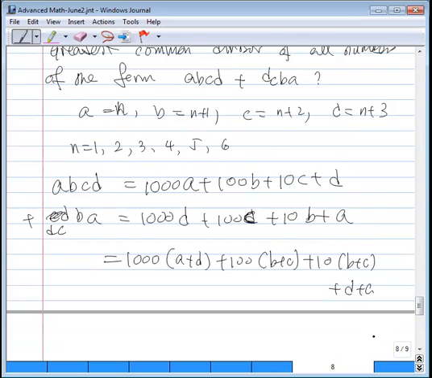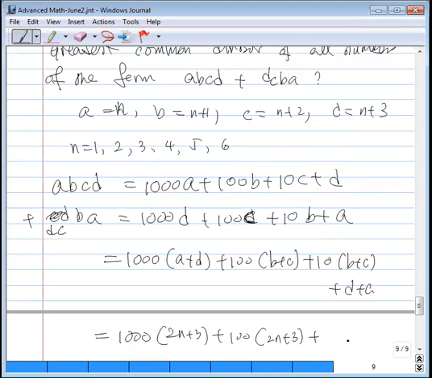A plus D is 2n plus 3. Okay, everything 2n plus 3. A plus D is 2n plus 3, and B plus C is also 2n plus 3, and 10 times B plus C is also 2n plus 3.